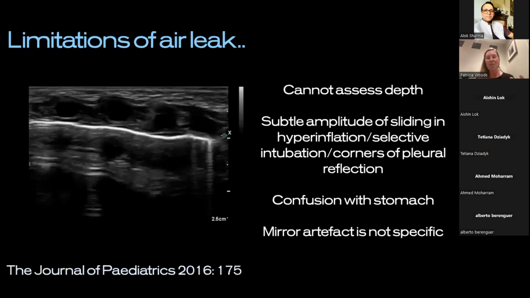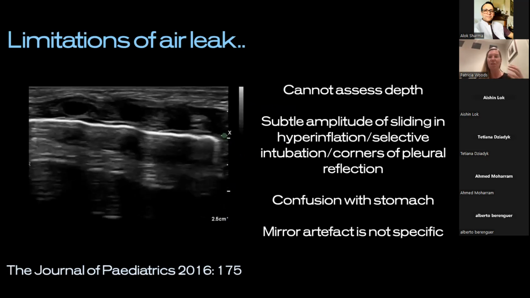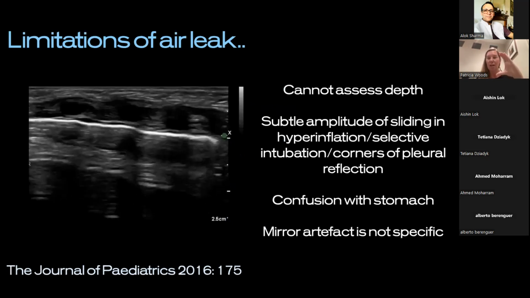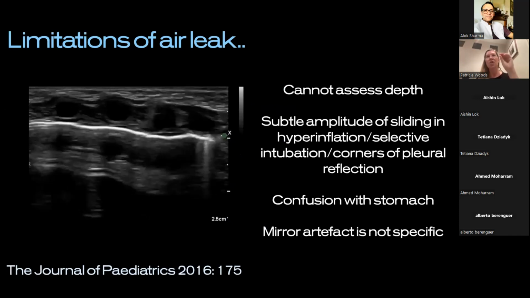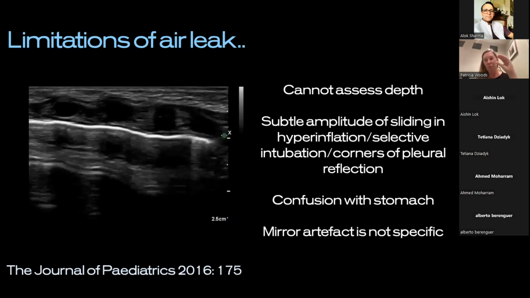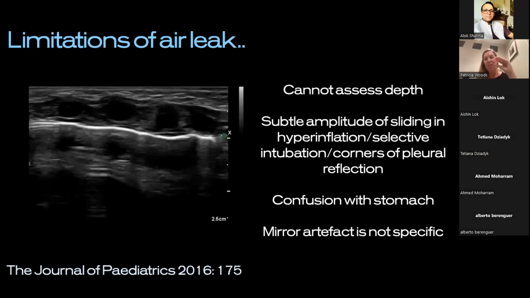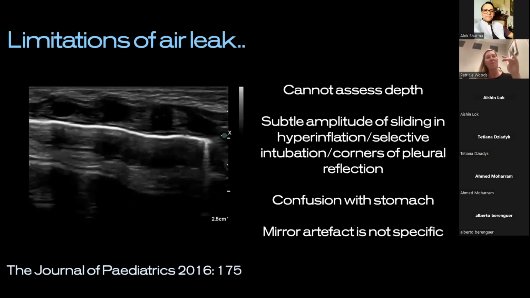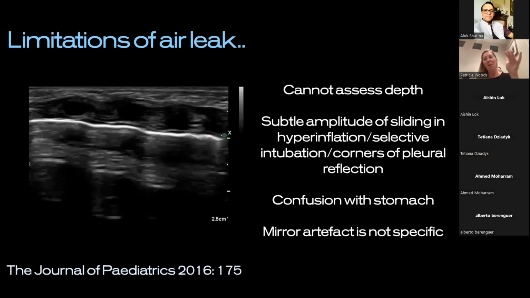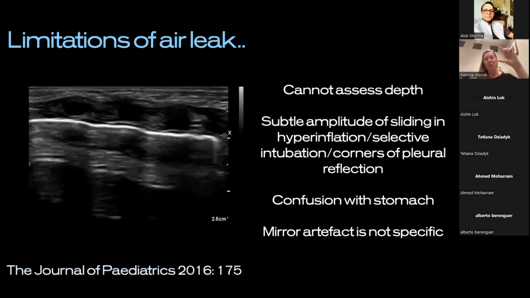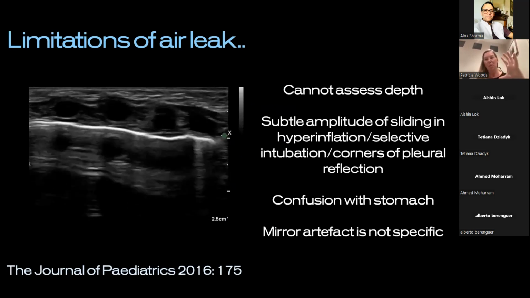So the limitations, I know you know this already, you cannot assess depth. You cannot diagnose behind air. So if there is just a few microns of separation of this parietal and visceral pleura with air, the physics tells you you can't diagnose behind it. You're going to get the same lack of artifact generation from that separation there, whether it's a good few centimeters or millimeters or whatever.